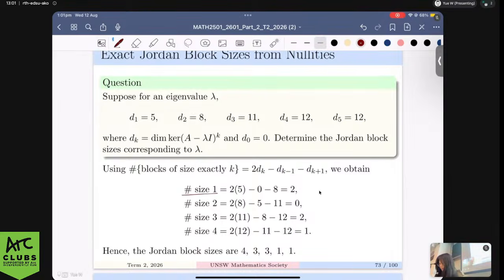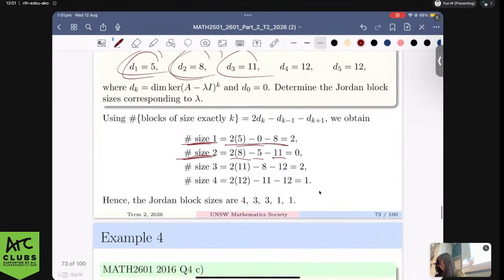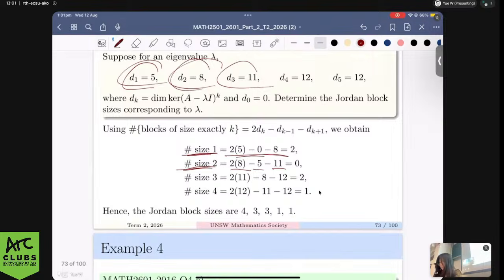For size 1, you would do 2 times 5 minus 8, because you would consider D1 and D2, and then size 2, 2 times 8 minus 5 minus 11, because you would have these 3, right? And you would do it for up to size 4. So therefore the Jordan block sizes are 4, 3, 3, 1, 1.